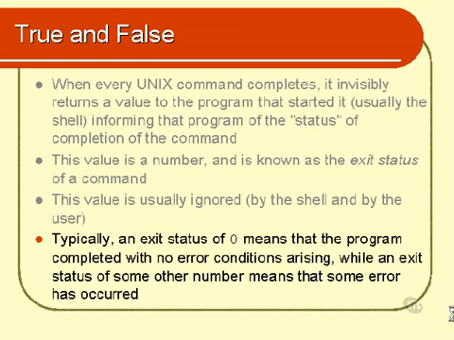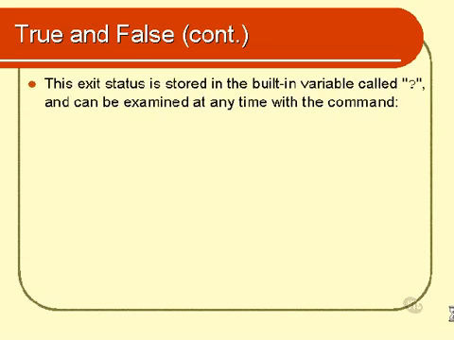So, is there any way of actually examining this exit status to find out what it actually is? The answer is yes. The exit status of the last command that ran is always stored in a built-in variable called question mark. It seems like an odd name for a variable, even an illegal name, but nevertheless that's where it's stored.